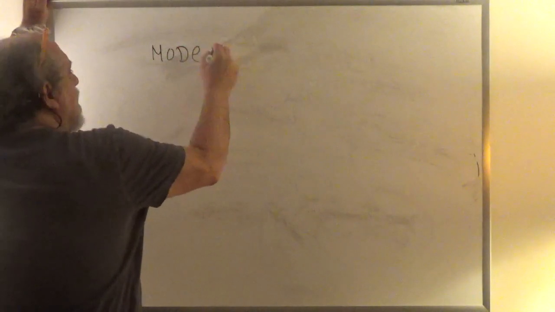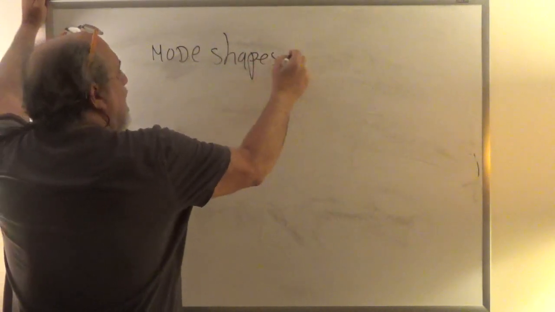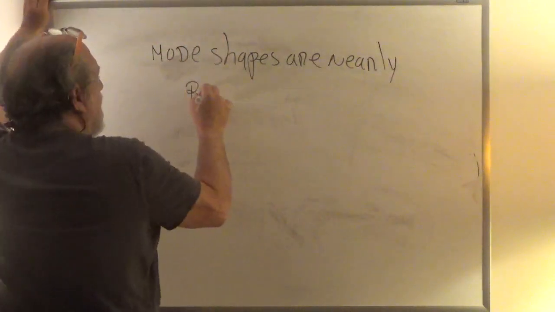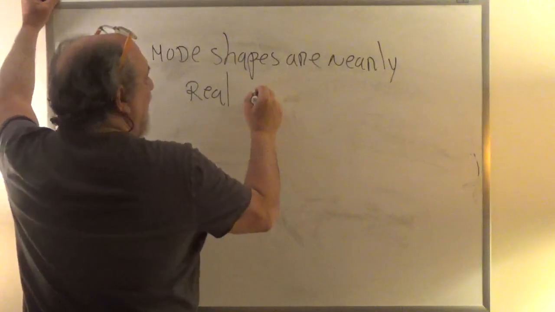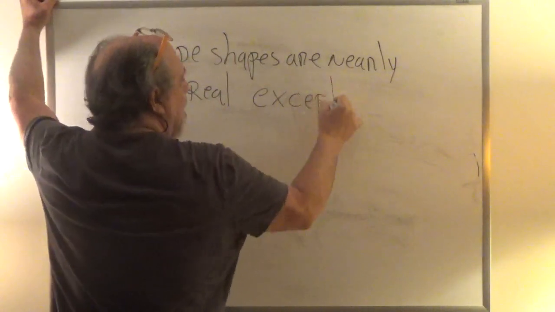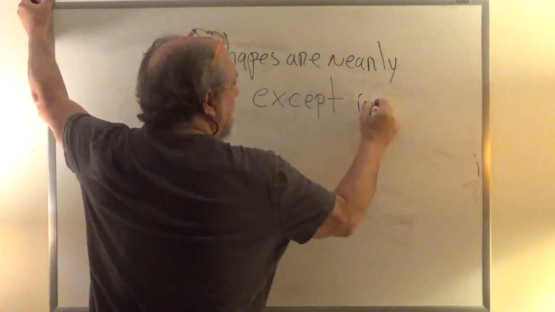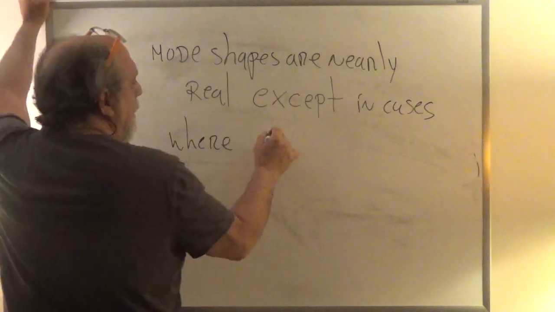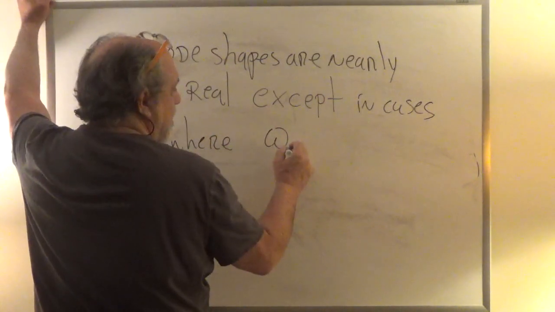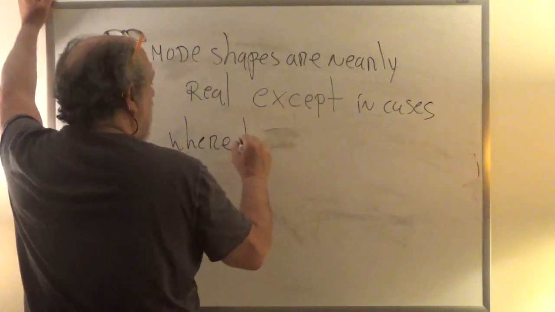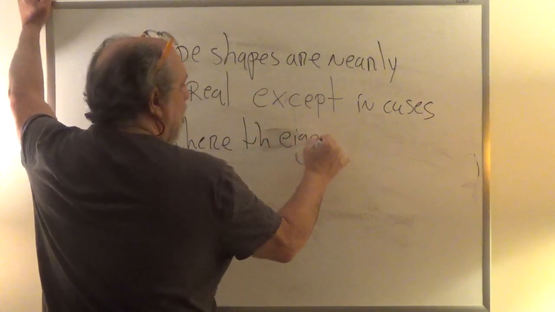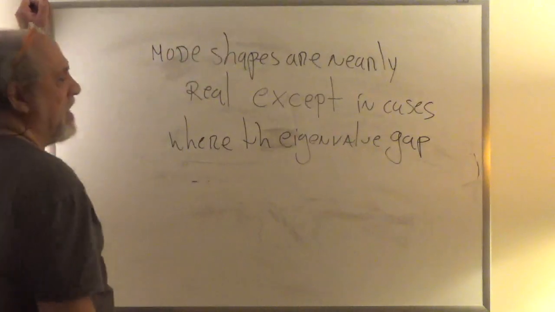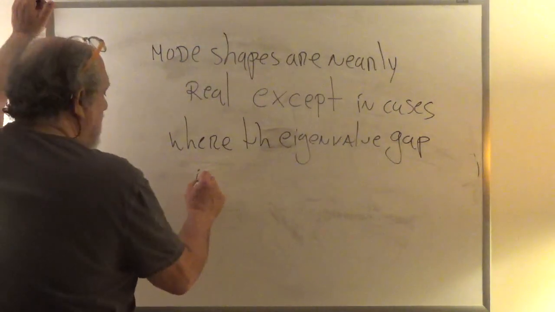Mode shapes are nearly real, except in cases where omega, where the eigenvalue gap, which is the distance between two omega squares, is small.